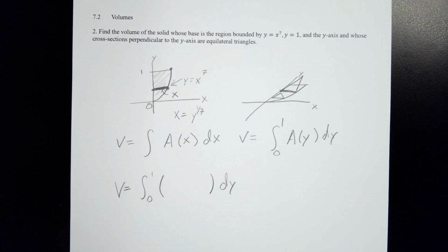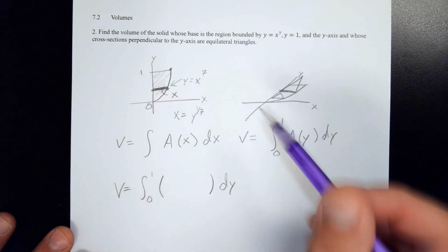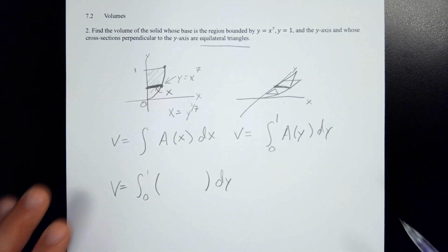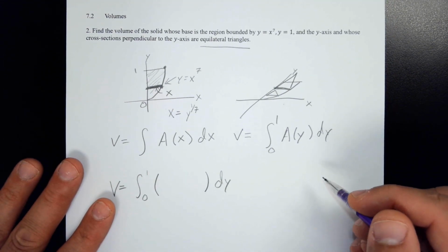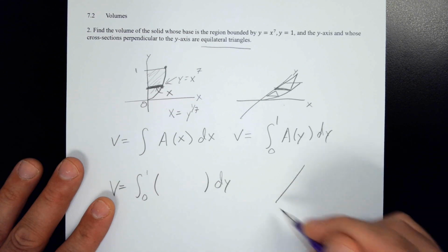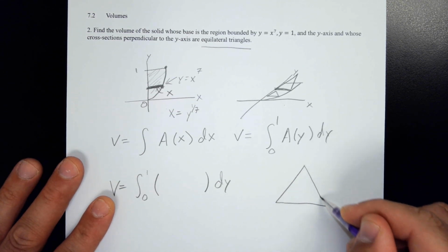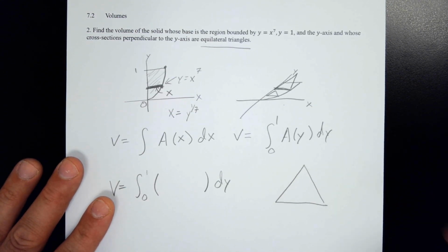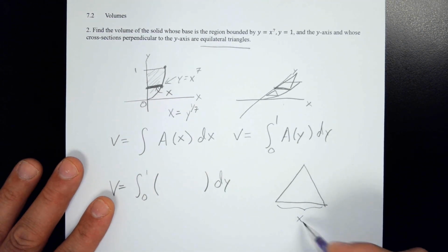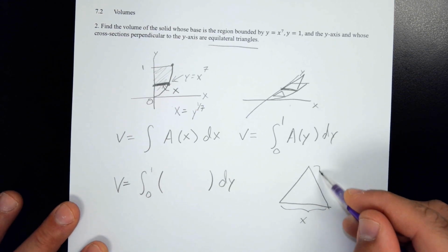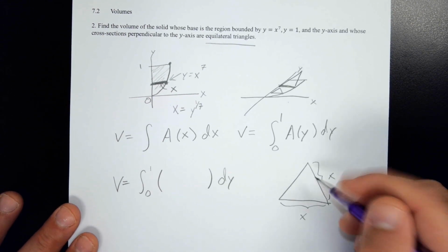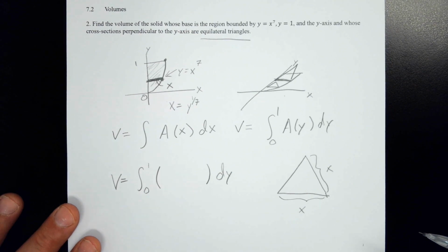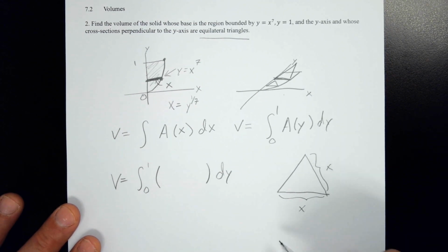But I need to figure out what the area of an equilateral triangle is. If I draw an equilateral triangle, I know that this distance right here is the same as that distance. This distance is x, and this distance is also x. You could have this formula memorized, or you could think of the area as 1/2 base times height.